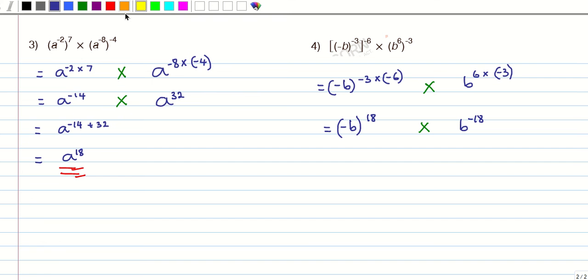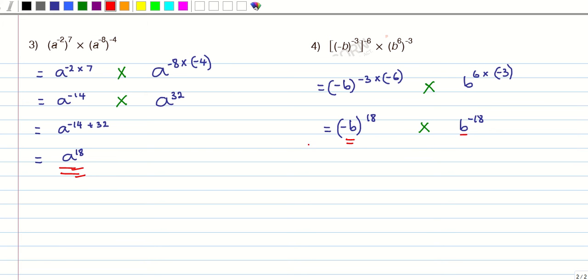So you can note that this is negative b and this is just only b. So property 1 cannot apply here.